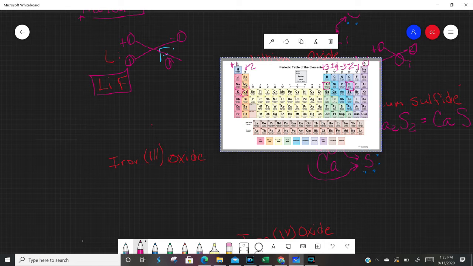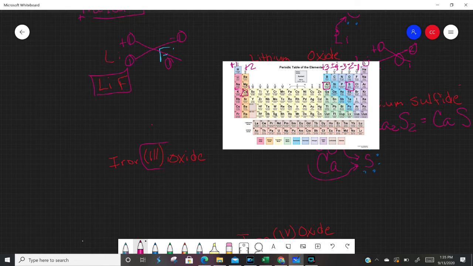So iron, this number right here, tells us how many valence electrons. We will never be able to figure it out. It will always have to be given to us. So that's going to tell us our charge. So iron, in this case, is going to be plus 3.